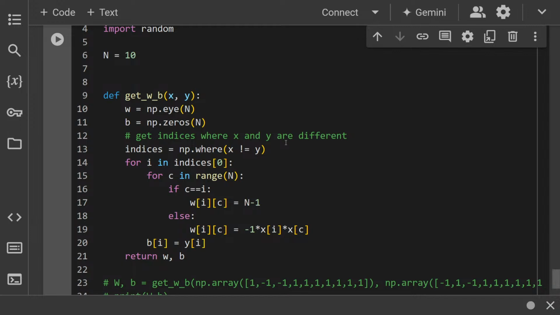So we implemented that manually. This is the thing that does that.